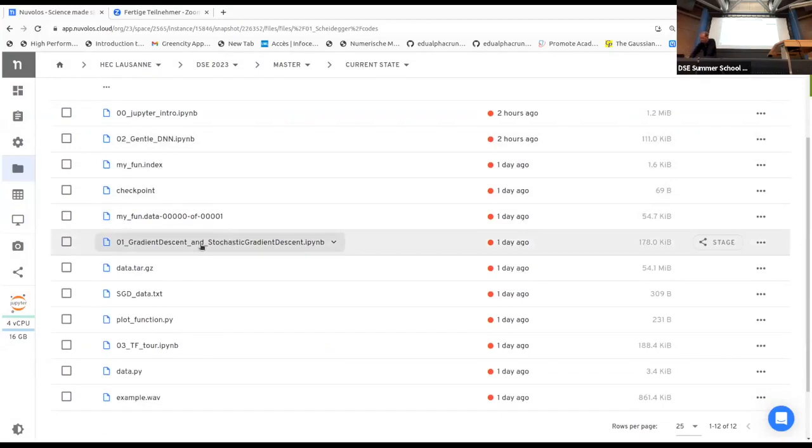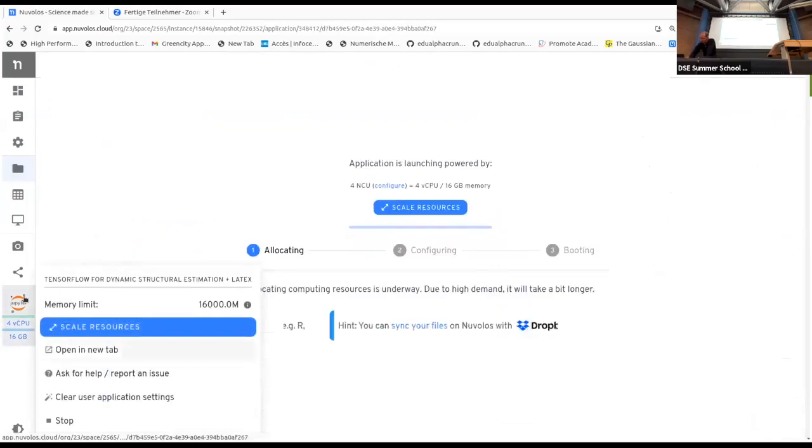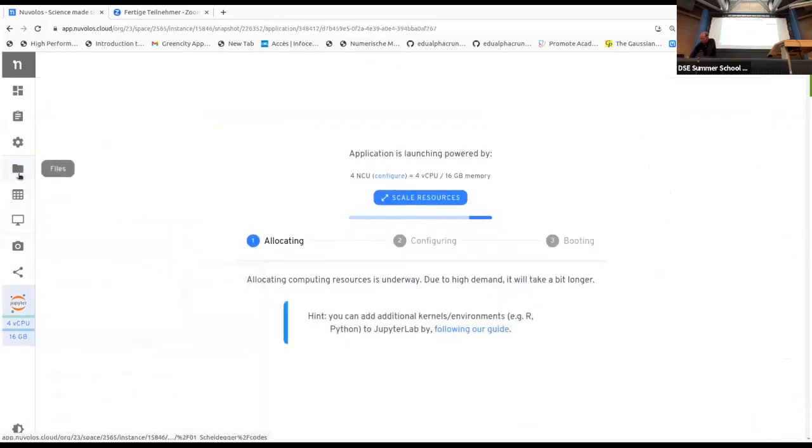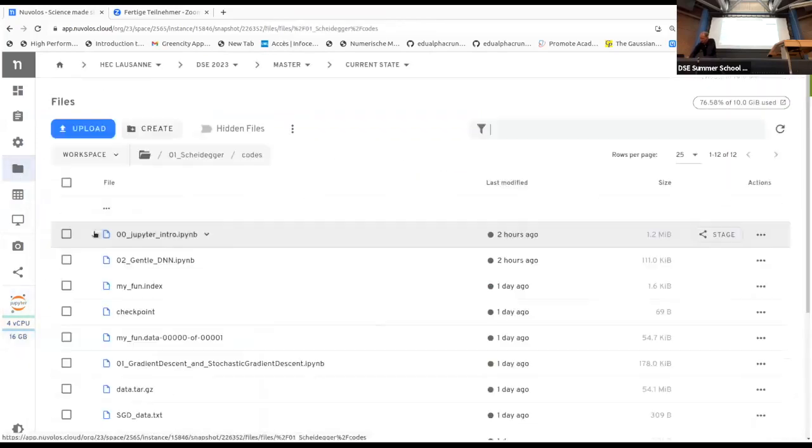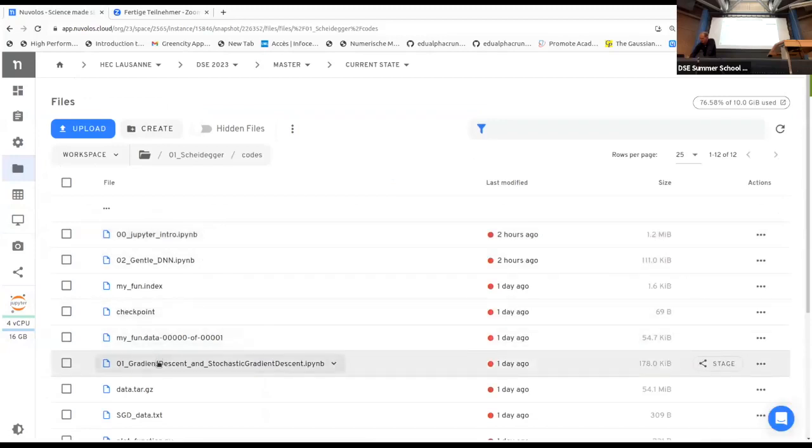Notebook 1, well, now I will have to wait. I will probably do it in the break. You would just need to click on notebook E01 gradient descent. This is a tutorial, essentially what we just discussed, moving from gradient descent to stochastic gradient descent with simulated data and empirical data: the frequency of chirps with temperature.